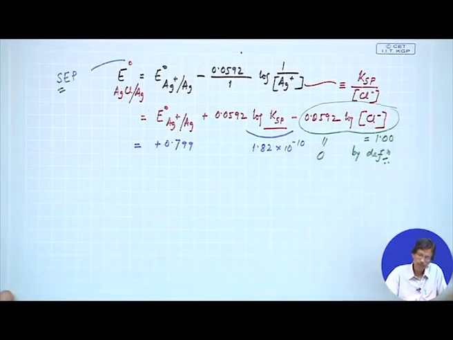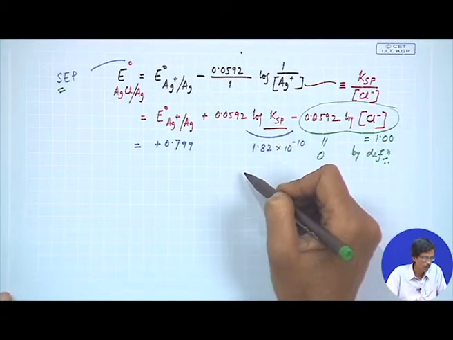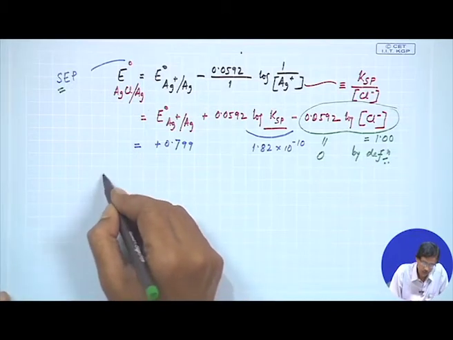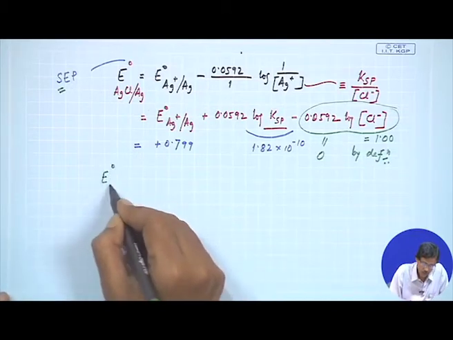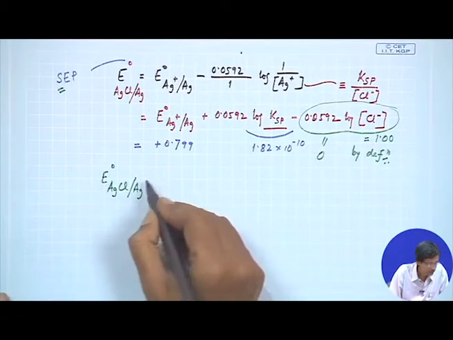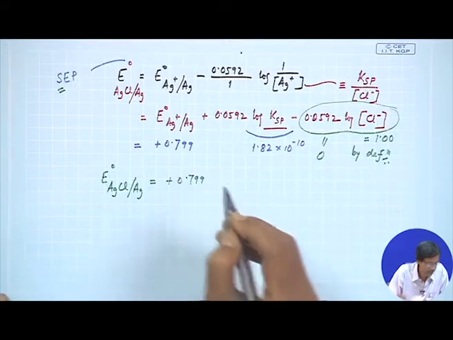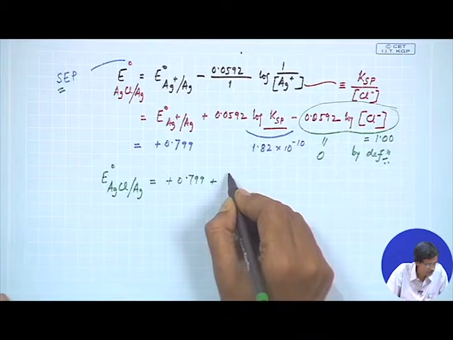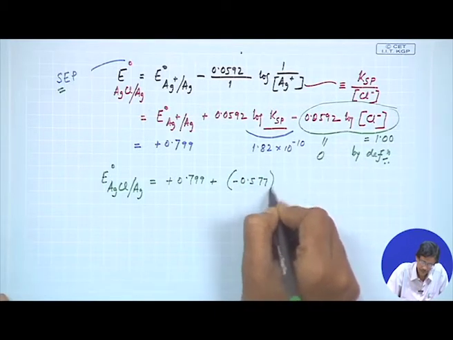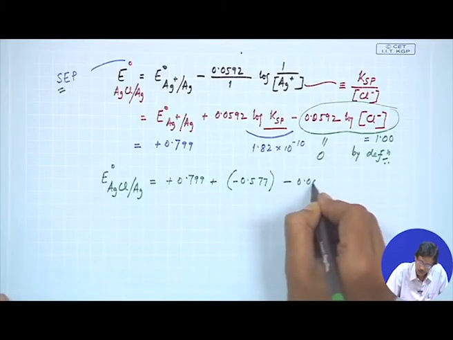So, that particular magnitude will therefore be equal to 0. We put these Ksp values, and when we put this particular value and multiply with this, we get some value, and E0 for the silver chloride silver case is equal to plus 0.799 volt minus 0.577 minus 0.000.